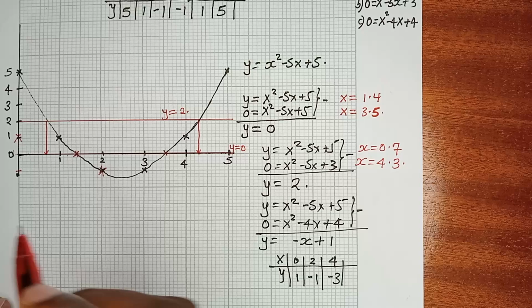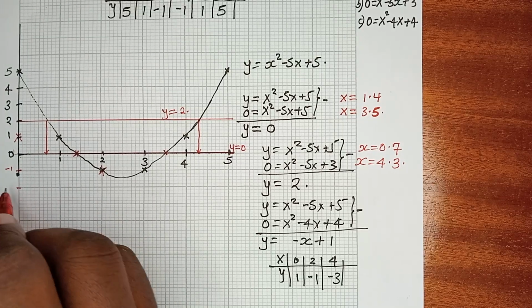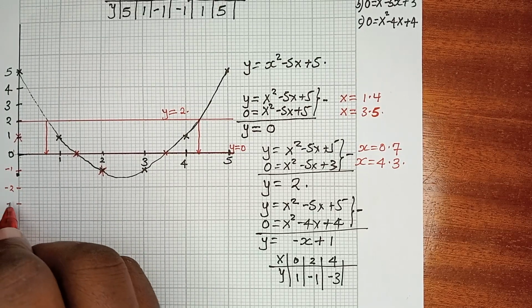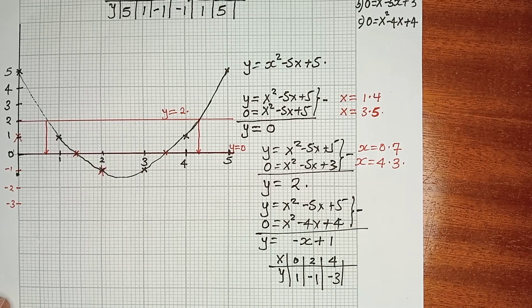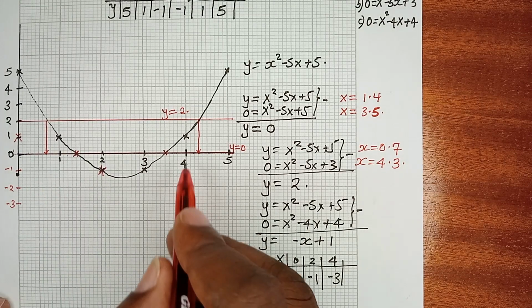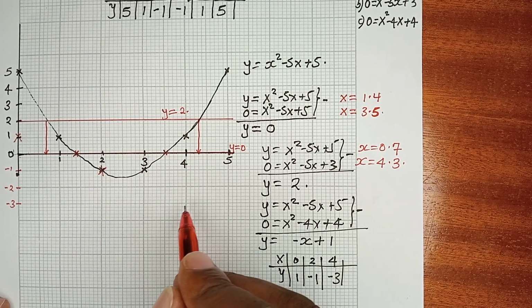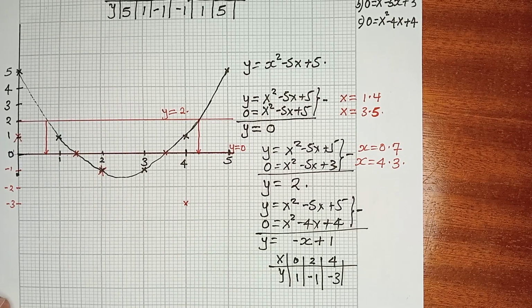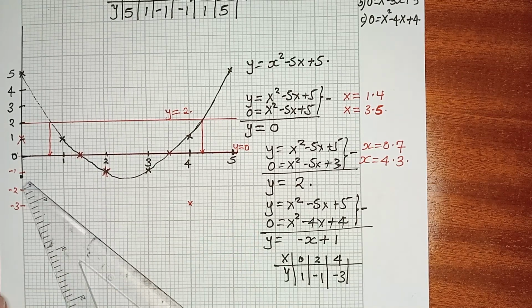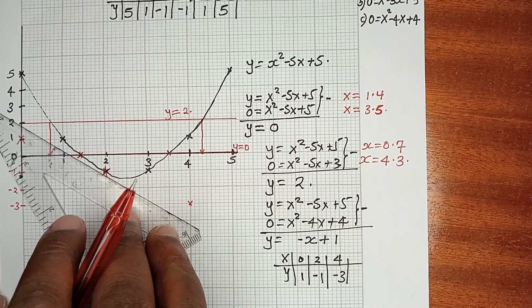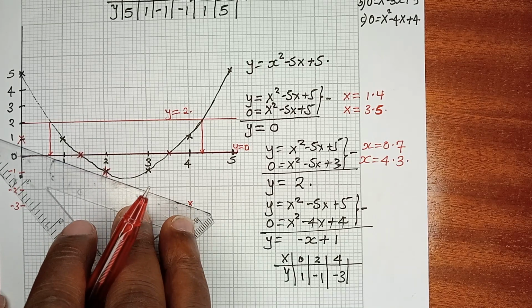We have to identify there is a negative 1 there, a negative 2 there, and a negative 3 there. The values of x going down. When x is 4, we have y as a negative 3. Now, what we need to do is come up with a straight line that is joining all the three highlighted points, and let us see what happens.